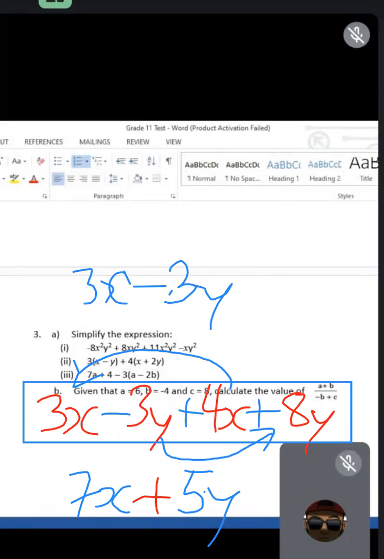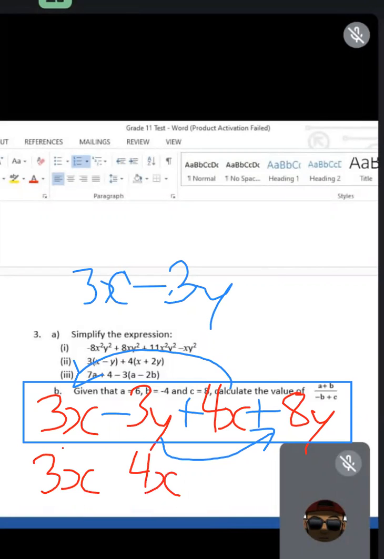Now, I skipped a step, right? But what it would actually mean is that what we would get, so let's just take a look at what would happen. We would have 3x, 4x would go next to it, 8y and 3y. Now let's look at the signs.